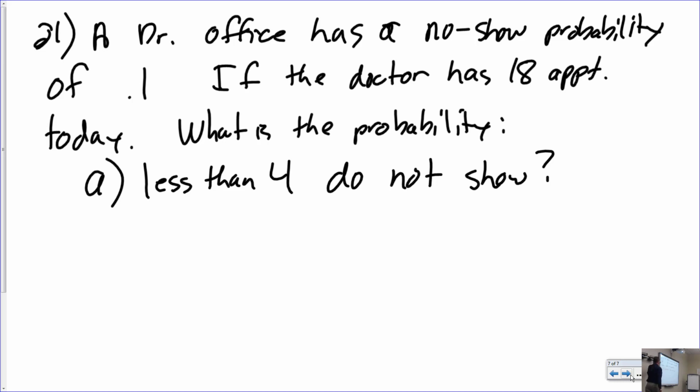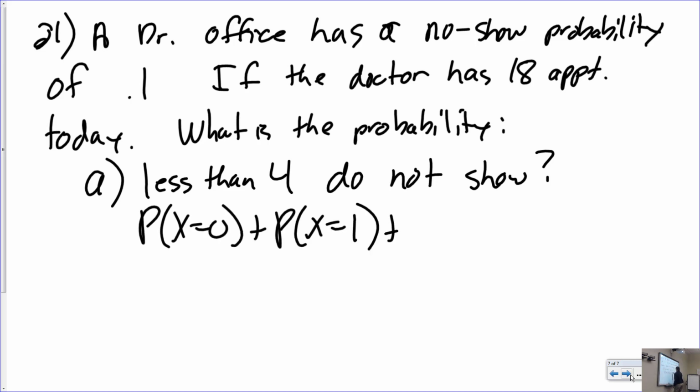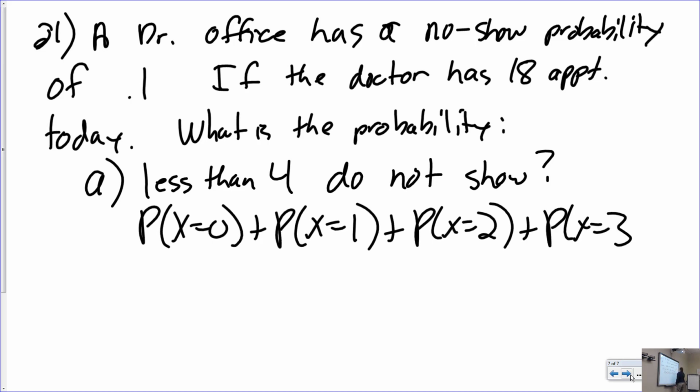Alright, so how would you answer this question? What are we trying to find? What numbers are less than 4? Alright, so we want to do the probability that x equals 0 plus the probability that x equals 1 plus the probability that x equals 2 plus the probability that x equals 3.